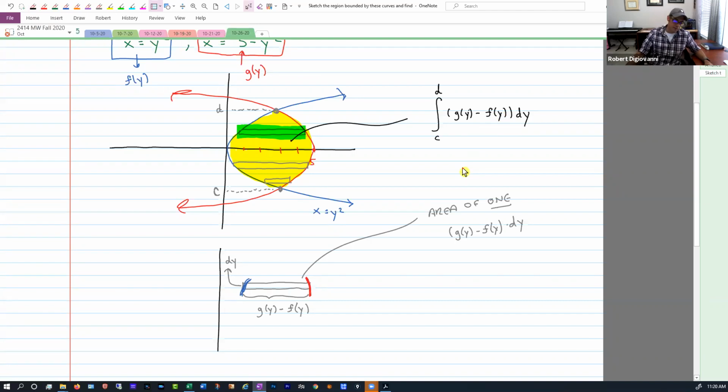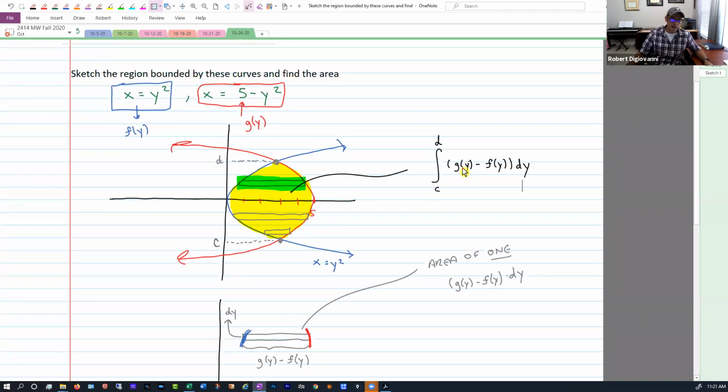So what am I saying here? I'm saying that if you have a region that's bounded by two functions of y, not functions of x, then instead of doing vertical rectangles, we're going to do horizontal rectangles. Everything's going to be in terms of y instead of x. Notice we've solved for x here, so you're just going to plug those in.